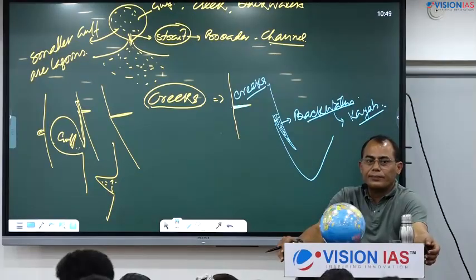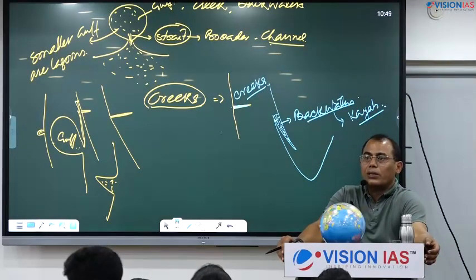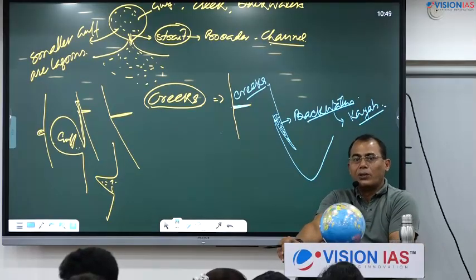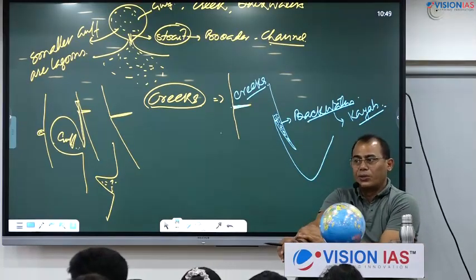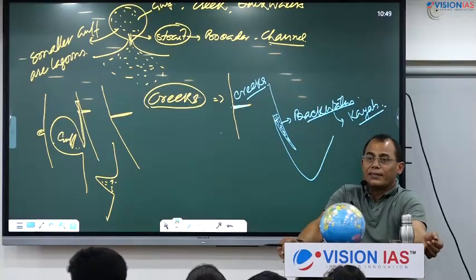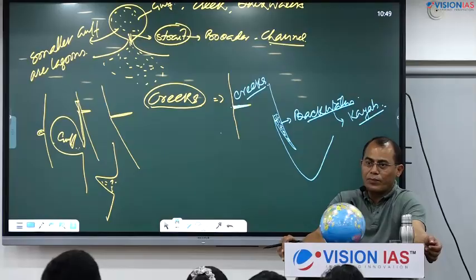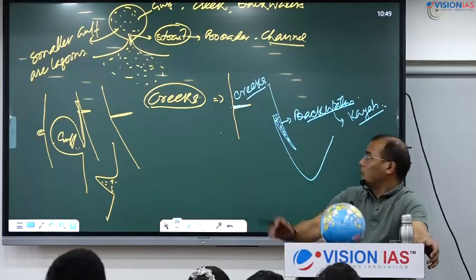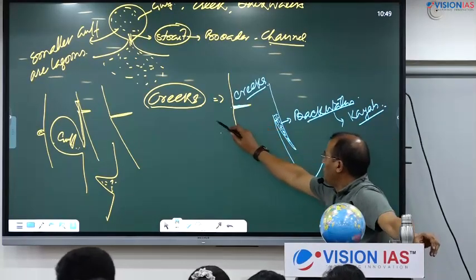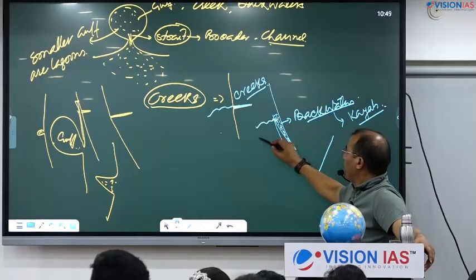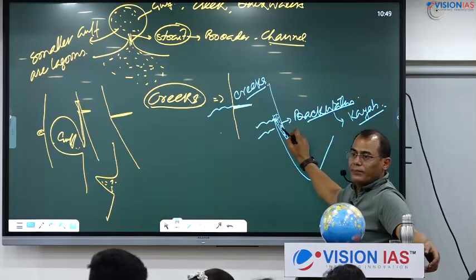Oh, we are clear. So the normal oceanic activities or undulations, waves, storms will not affect the backwaters, but will affect the creeks. Are we understanding it? Let's suppose waves. Waves will not enter directly because the backwaters are protected.